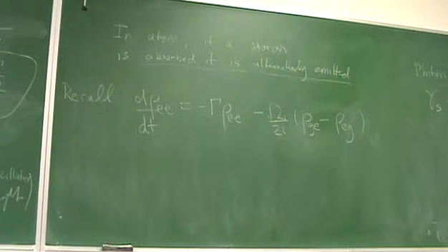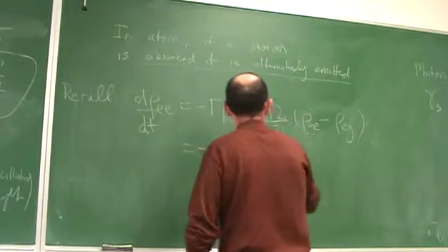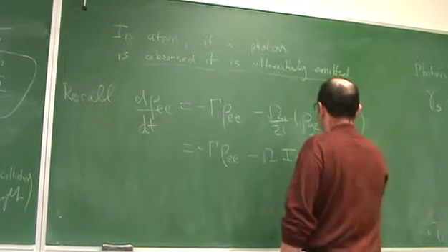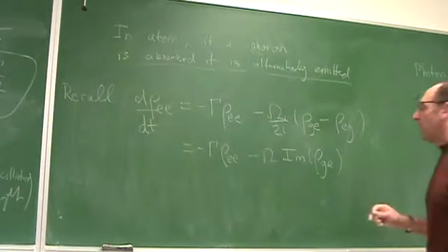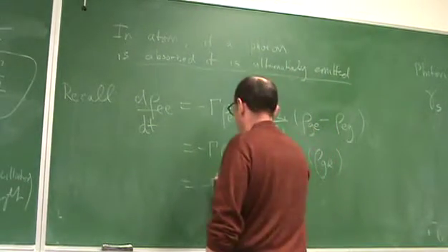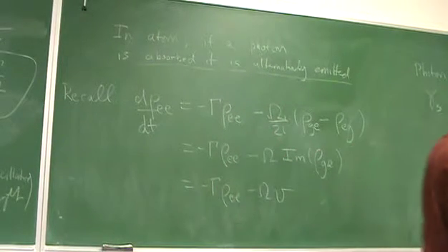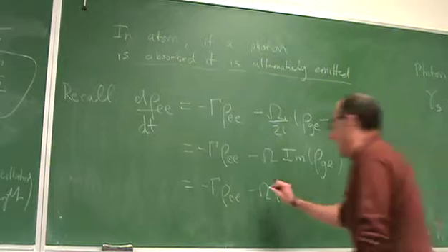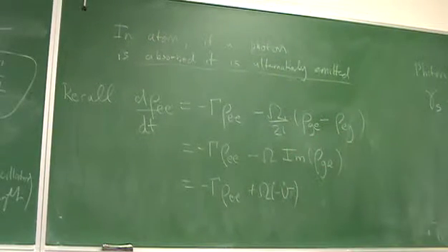Let's look at this a little bit more closely. This is minus gamma g times minus the imaginary part of rho eg, which we call equal to v. Remember, v was the imaginary part of that coherence. So let me write this as plus this times minus v, because minus v is a positive number.